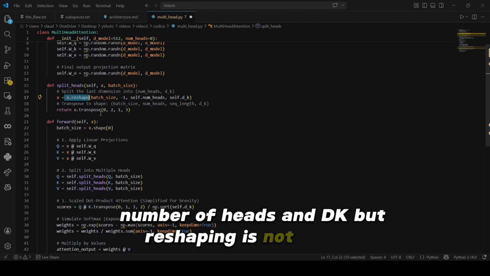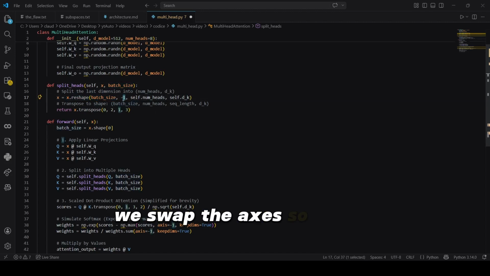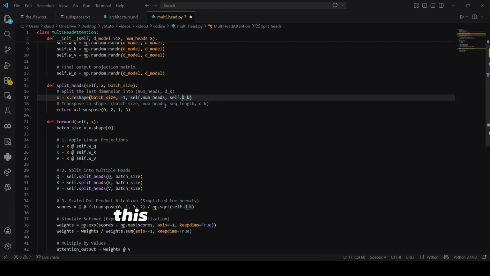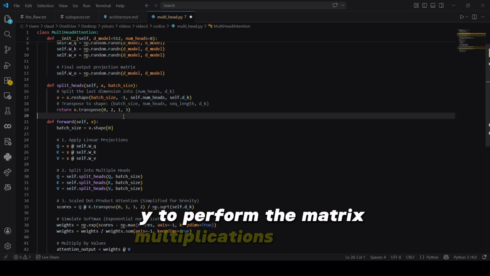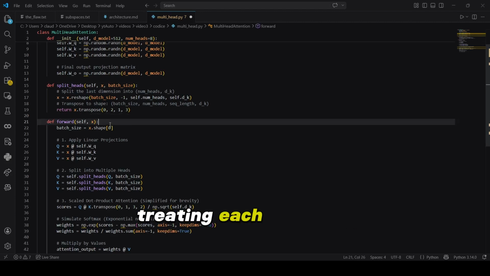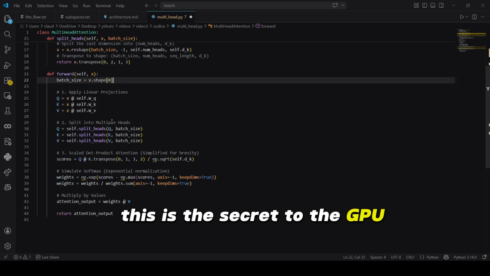But reshaping is not enough. We must transpose the matrix. We swap the axes so that the number of heads dimension sits right next to the batch size. This specific alignment allows NumPy to perform the matrix multiplications in parallel, treating each head as an isolated batch. This is the secret to the GPU speed.